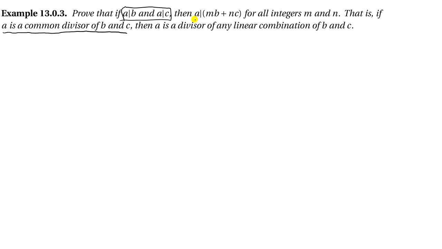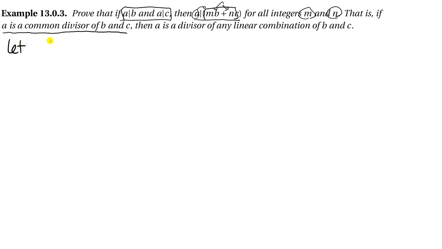Then A is a divisor of the linear combination of B and C, which means you just use any integers m and n and make this linear combination of B and C. So no matter what m and n we are using, A is still a divisor of that. That's what we want to prove here.